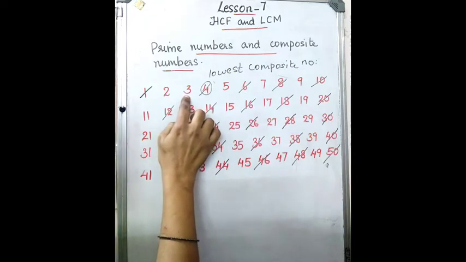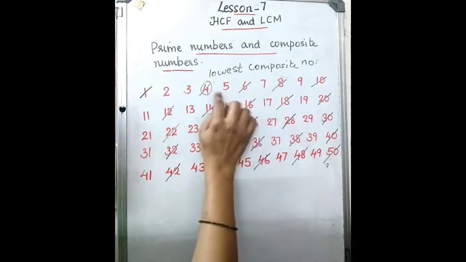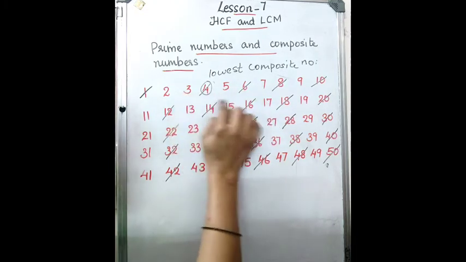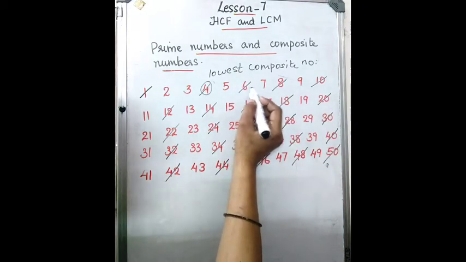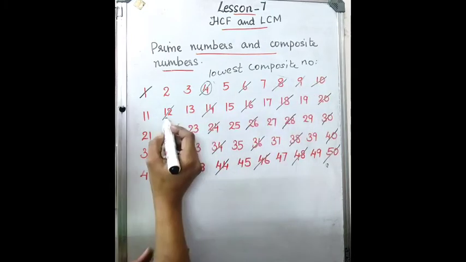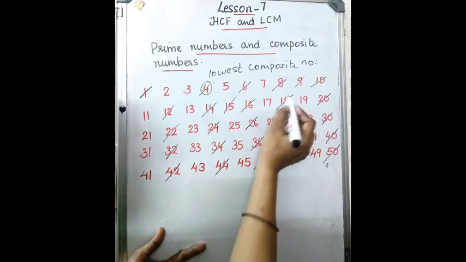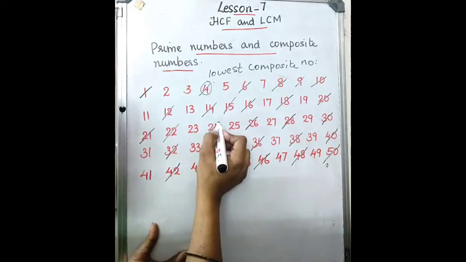Then look at the number 3. Find out the multiples of 3. We know that 6 is a composite number. Cross out all the multiples of 3. 1 3 is 3, 2 3s are 6, 3 3s are 9, 4 3s are 12, 5 3s are 15, 6 3s are 18 is already crossed out, 7 3s are 21, 8 3s are 24 is already crossed.